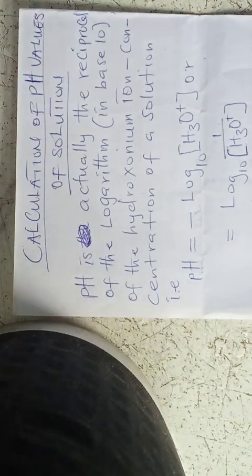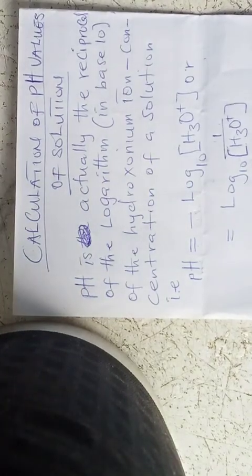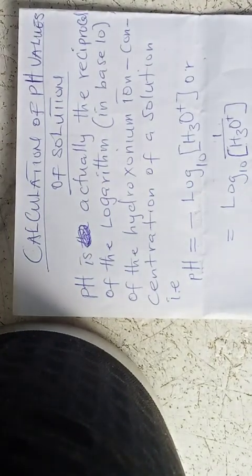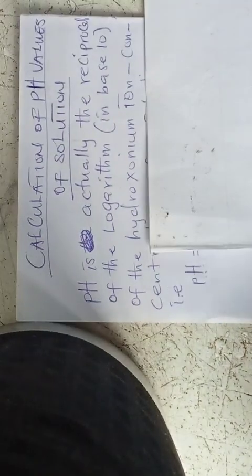From our previous video, we discussed the pH value, and today we are going to talk about the calculation that involves pH value. We know that pH means power of hydrogen. The formula for calculating pH is the reciprocal of the log to base 10 of the hydronium ion concentration of a solution.